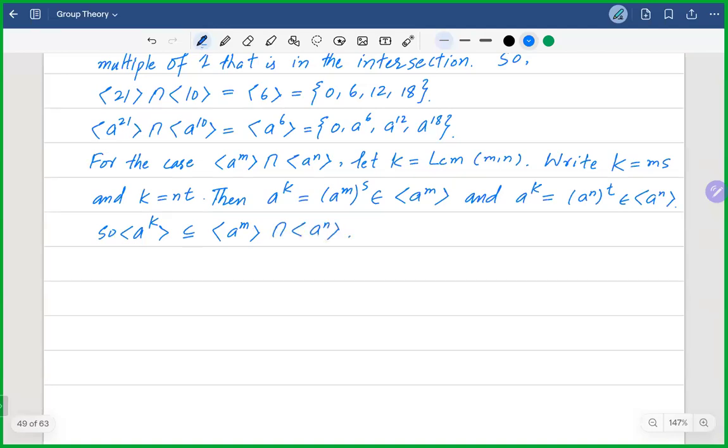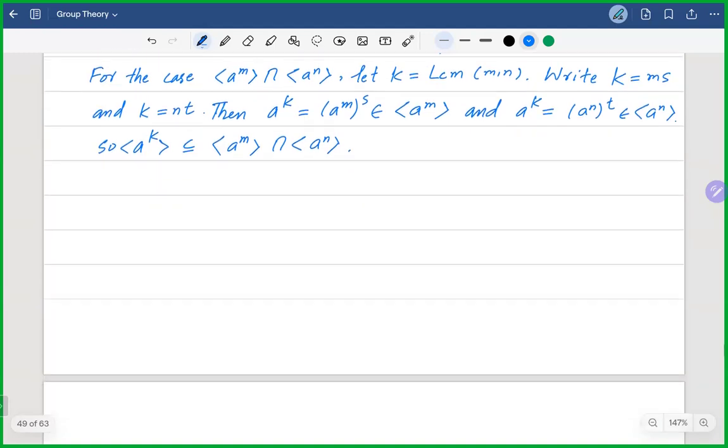This is a subgroup inside the intersection. Now this proves one side.